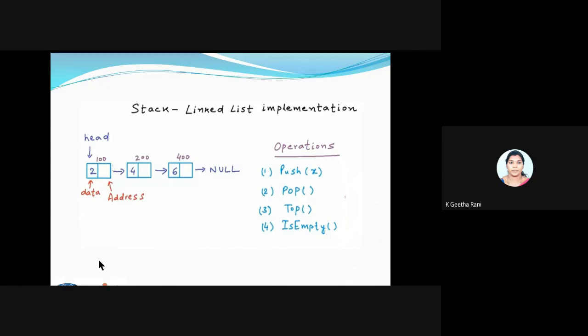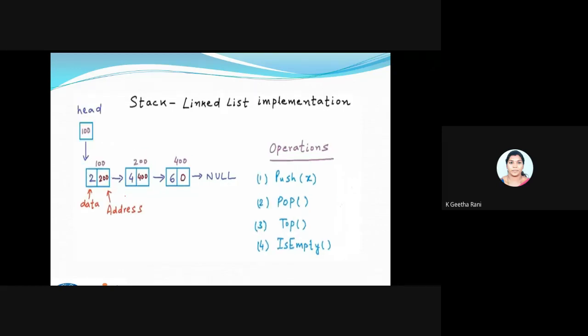This diagram is showing you the representation of my list. We have a term called node. We have two parts inside the node: one is the data part and another is the address part. The address part holds the address of the next node, so it keeps on going like that.